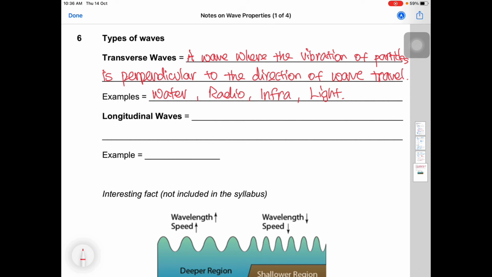Now, if you manage to remember what a transverse wave is, then you'll be able to remember what a longitudinal wave is, because it's going to be exactly the same. Watch. A wave where the vibration of particles, word for word the same.